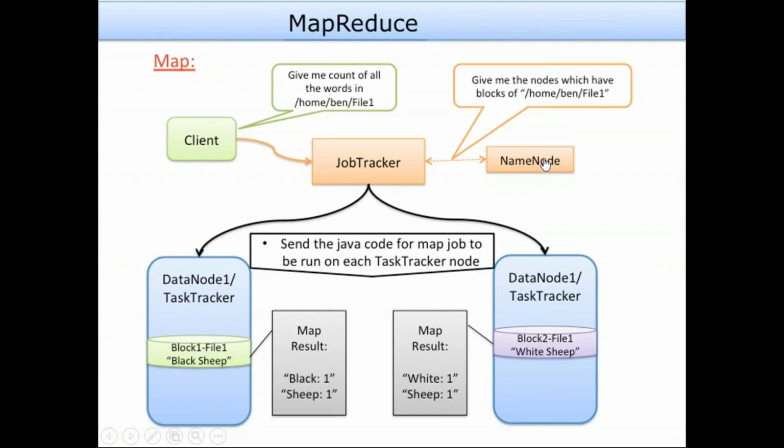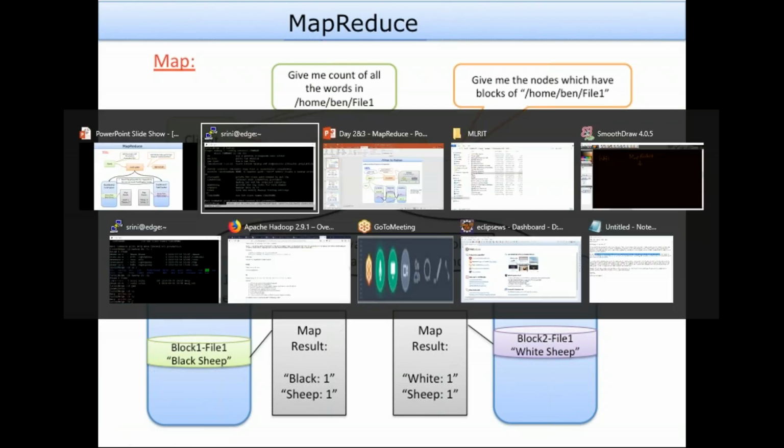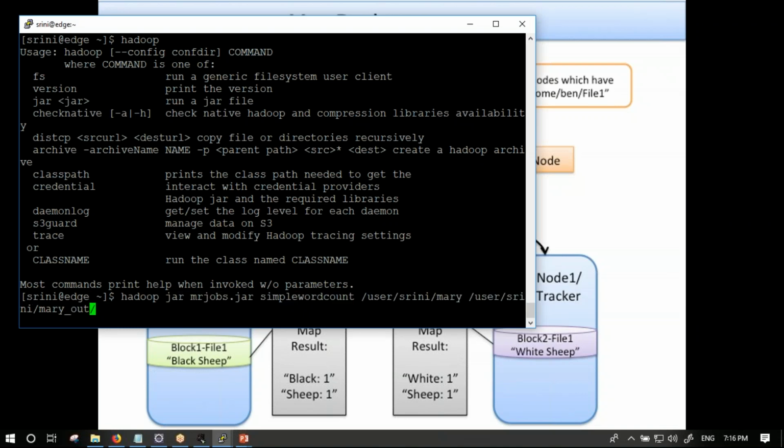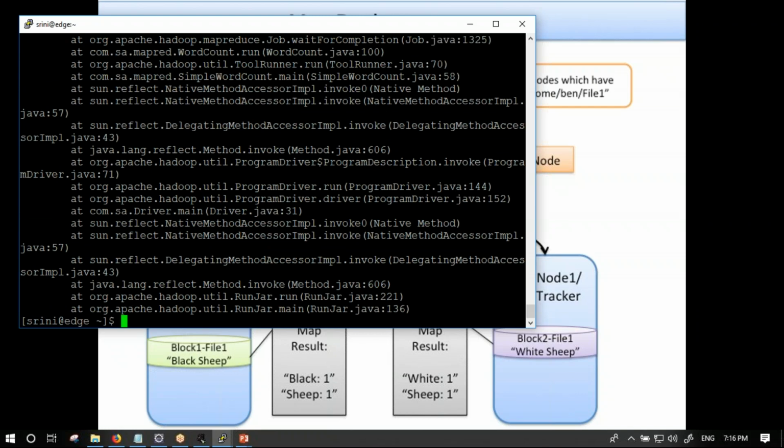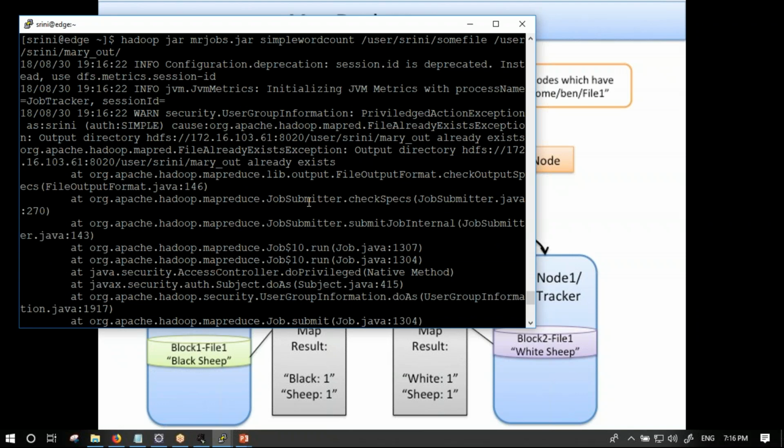If the given input path does not exist, then, say for example here, I give some file, and I press enter, it gives me a clear indication.